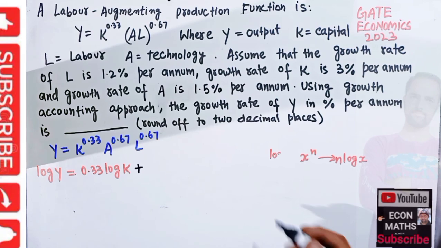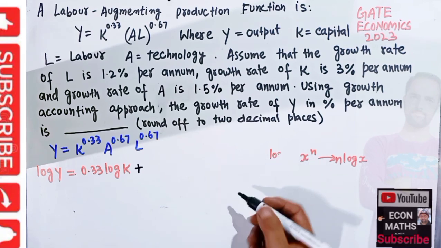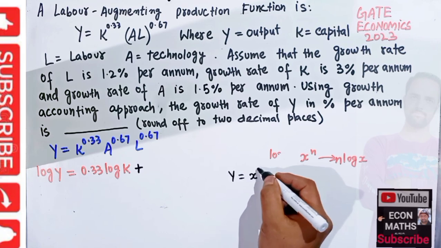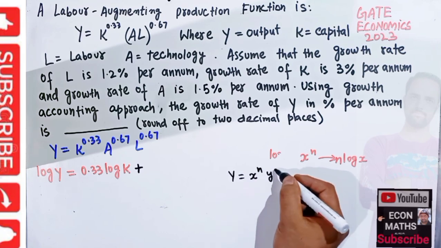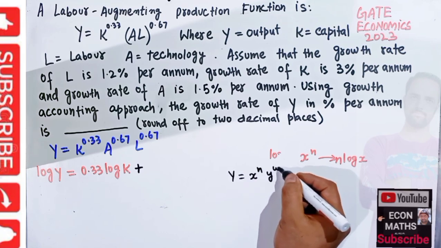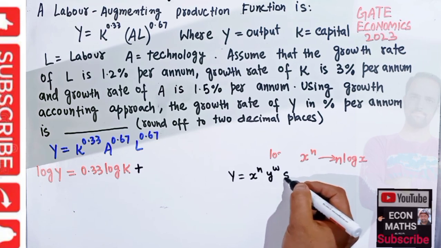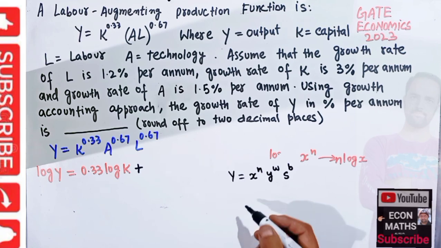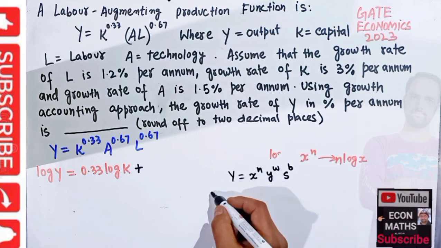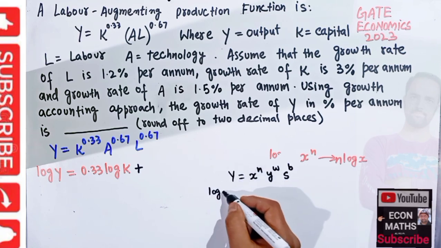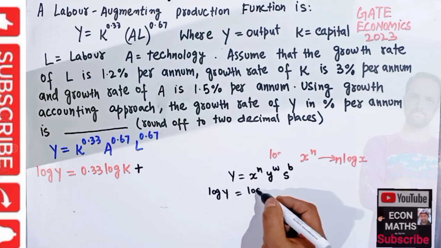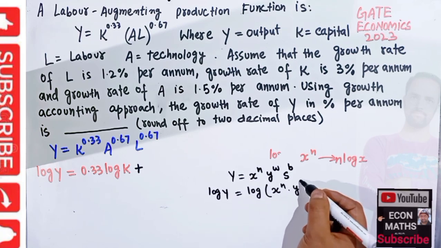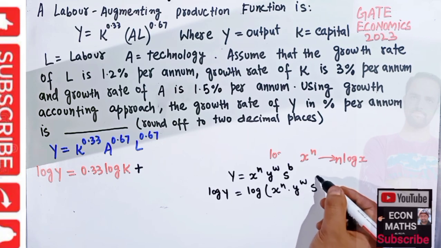If we have, and let me write it here to explain it, if we have y is equal to x to the power n times y to the power w times s to the power any number, let us say b. Okay, then if we take log on both sides, log of y will be equal to log of this whole term, x to the power n times y to the power w times s to the power b.